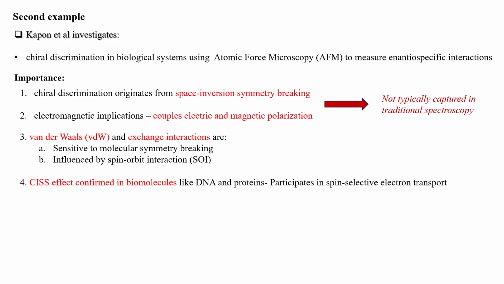These two phenomena described here were not typically captured in the traditional spectroscopy used in the past. Here, they highlighted that van der Waals interaction and exchange interaction both are involved and contribute to molecular symmetry breaking and spin orbit interaction.